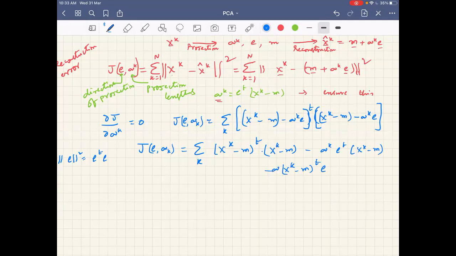Can I write AK this side or not? Yes. Can I write E also this side? No, because E is a vector. Plus AK square. Can I write E square also? No, I should write E transpose E.